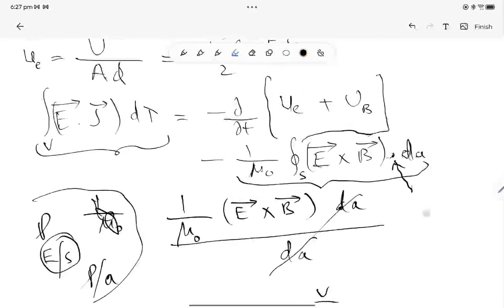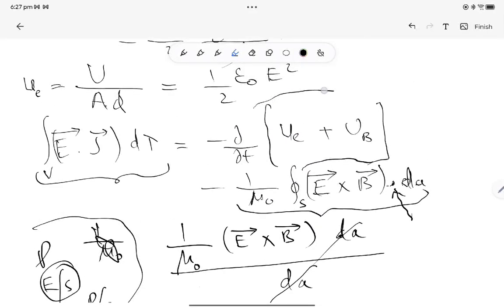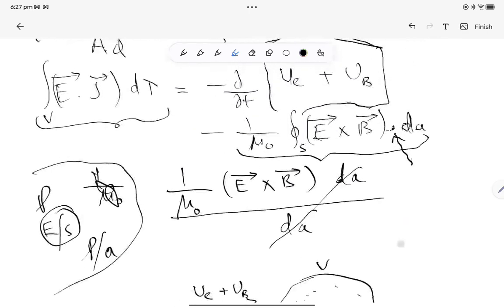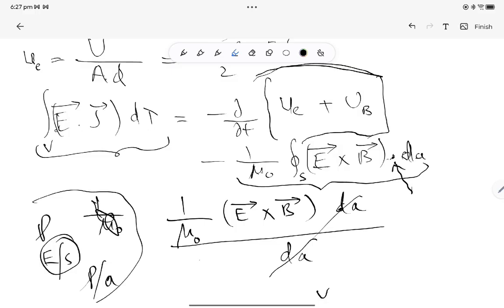That energy is represented by this term, electric energy plus magnetic energy, in the form of fields, electric field and magnetic field. When it goes through the matter inside the volume, it does work on the charges and currents there, and loses its energy to them. The energy that it loses is given by this. This is the work done on those charges.